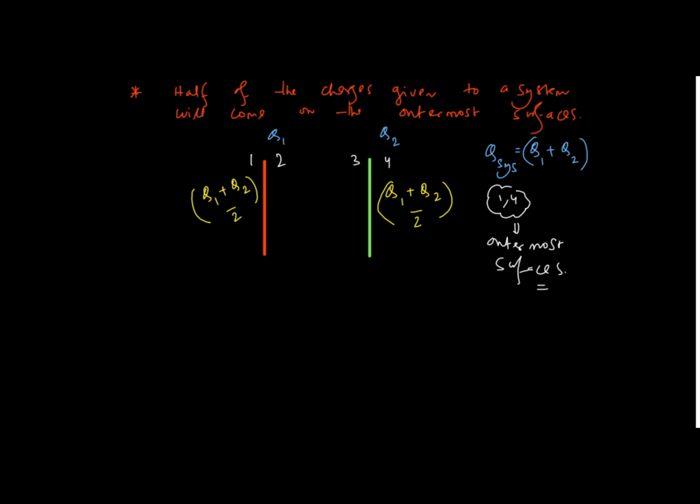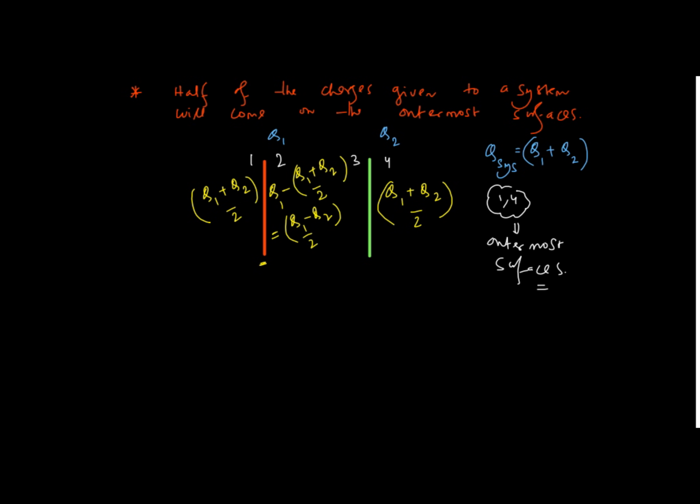Now, as I suggested, both these plates are isolated plates, so the total charge on the individual plates has to be constant. The number cannot vary. If the Q1 charge is given to the red plate, it has to remain Q1. So what is the charge on surface 2 then? It has to be Q1 minus (Q1 plus Q2) divided by 2, which is, if I am not wrong, Q1 minus Q2 by 2.